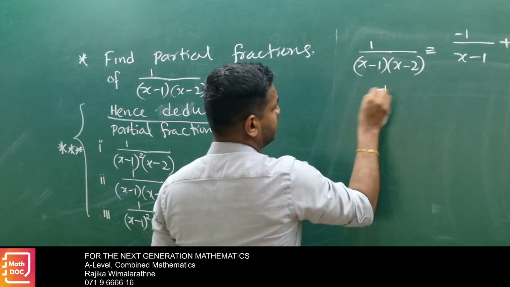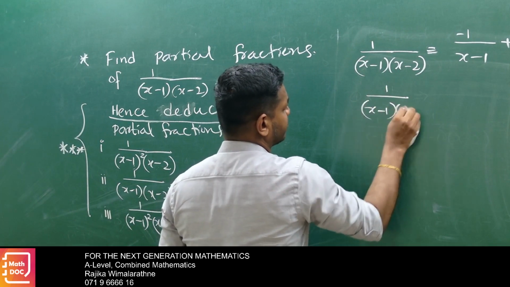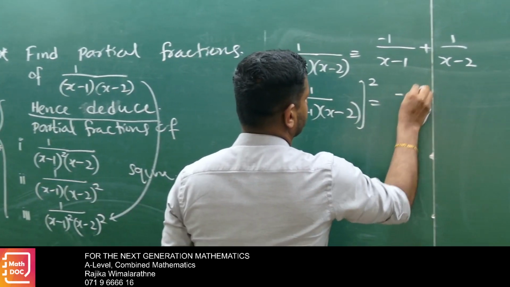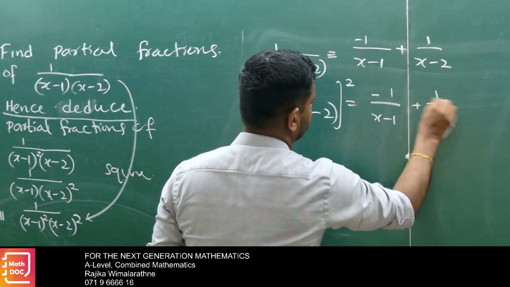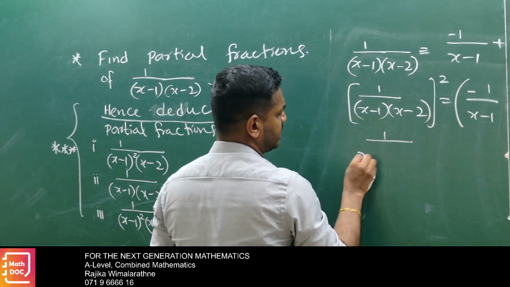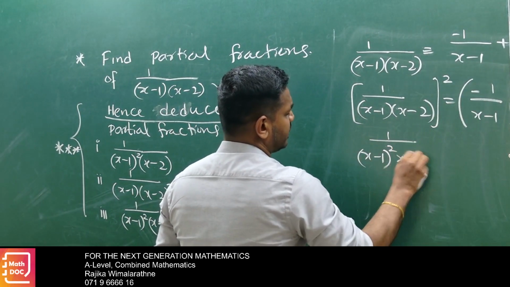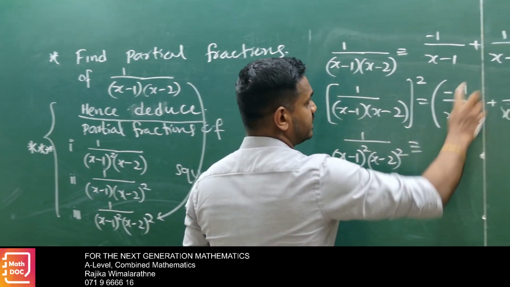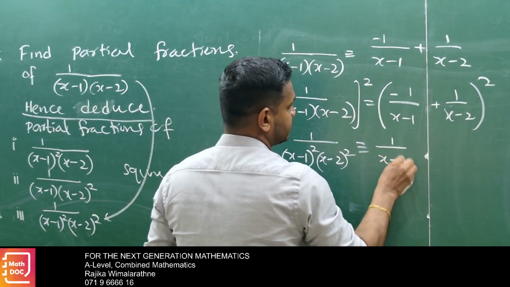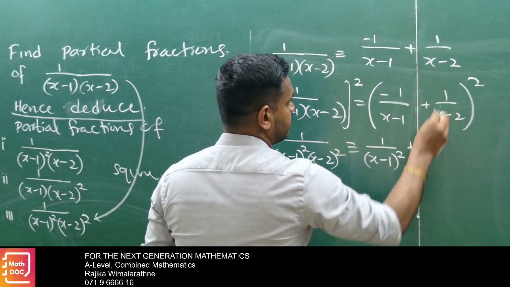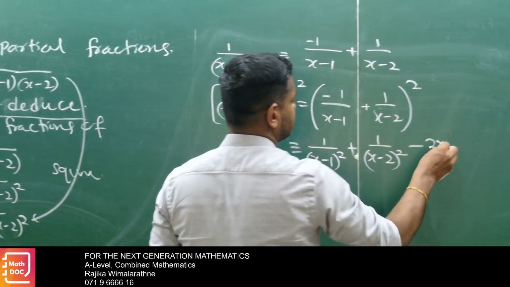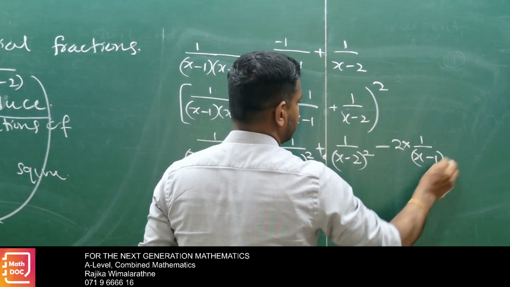Now square both sides. Then we can take here x minus 1 squared, x minus 2 squared. No? Then this is binomial. Binomial, expand it: 1 over x minus 1 squared plus 1 over x minus 2 squared minus 2 times 1 over x minus 1, x minus 2.